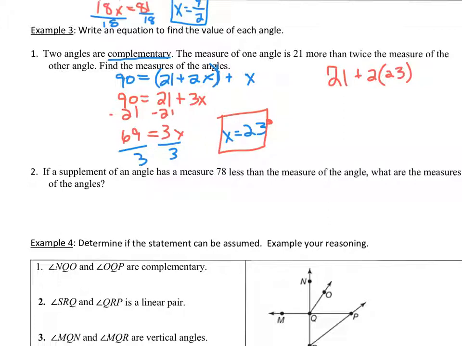So I've got 21 plus 2 multiplied by 23. Well, this is going to be 46. And 21 plus 46, when I add those together, I end up with 67. And that makes sense. If I add 67 and 23 together, I'll end up with 90 degrees, so that ends up checking out.